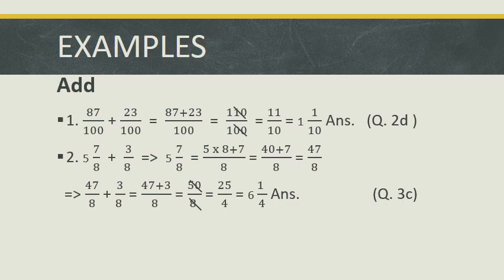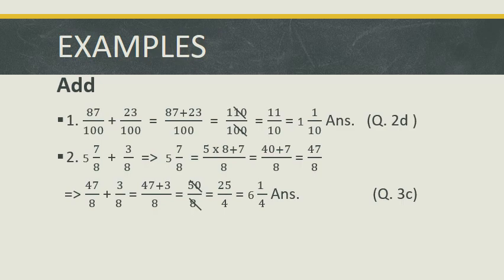So, what is the sum of the numerators? 47 plus 3 is equal to 50, and the denominator is 8. Now children, the fraction is 50 by 8. Now we will divide this fraction by 2, means we will divide the numerator as well as the denominator by 2. And what do we get? We get 25 by 4.